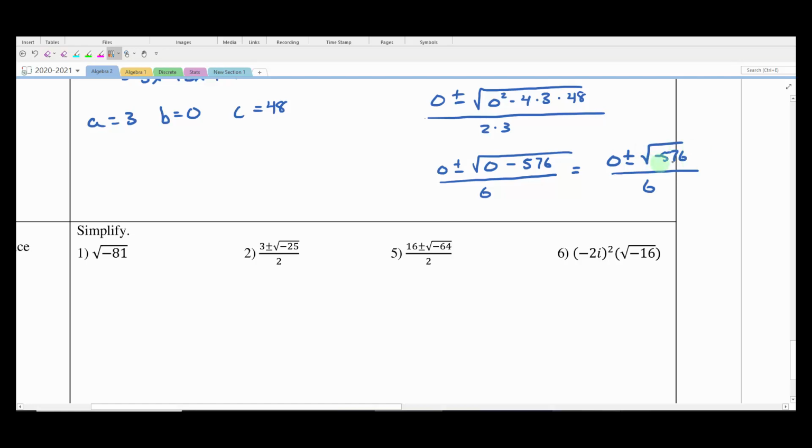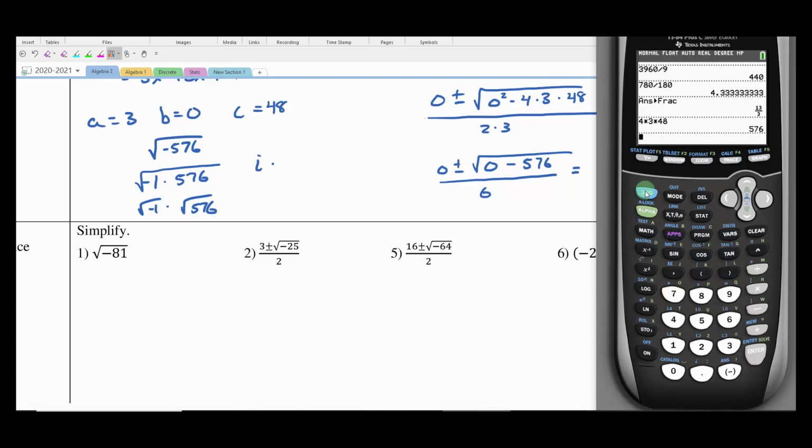Okay. And then I'm going to come over here. I notice we are going to have some complex numbers again, so I'm going to turn this negative 576 inside of the square root into a complex number. So I'm going to say negative 1 times 576. And we get the square root of negative 1 times the square root of 576. That's going to be I times, I'm going to go to my calculator for this one.